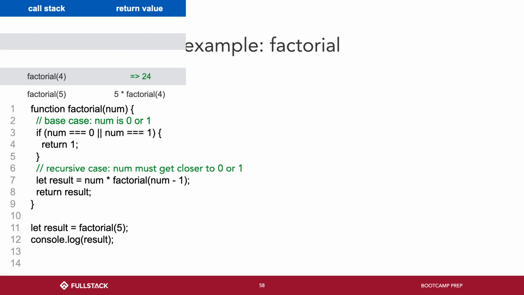Factorial of 5 was waiting for factorial of 4 to return something, so we can multiply that with 5, right? So factorial of 4, you see there, returns 24. So 5 times 24, you get 120, okay? So factorial of 5 returns 120, and that's what we get in the console. Does that make sense?